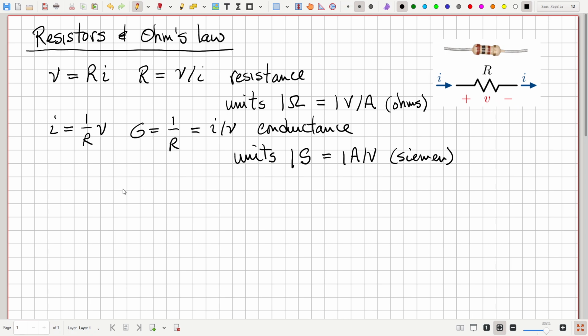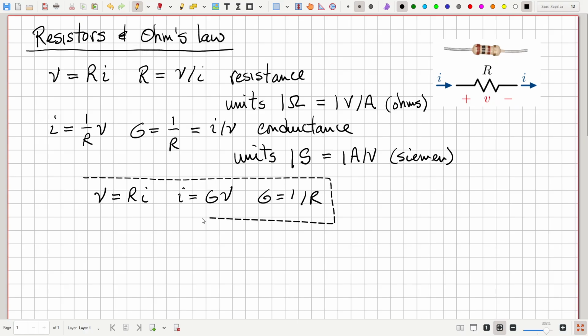All right, so we can summarize this. V is Ri, or I is GV, where G is 1 over R. And that is our summary of Ohm's law.